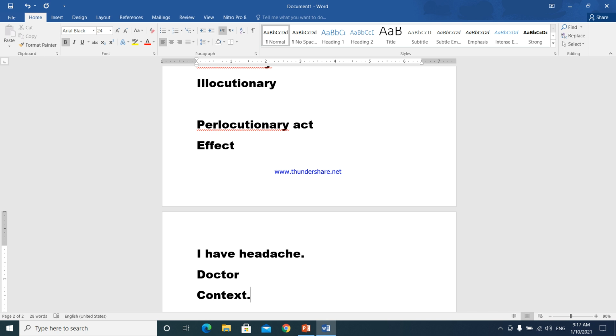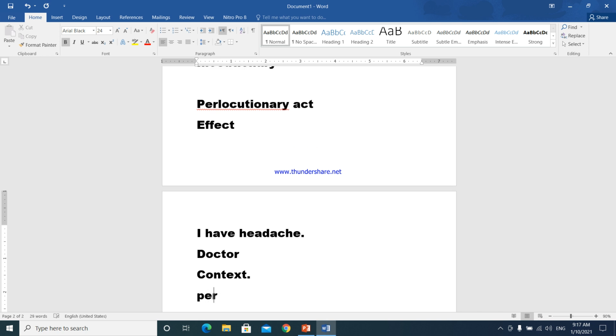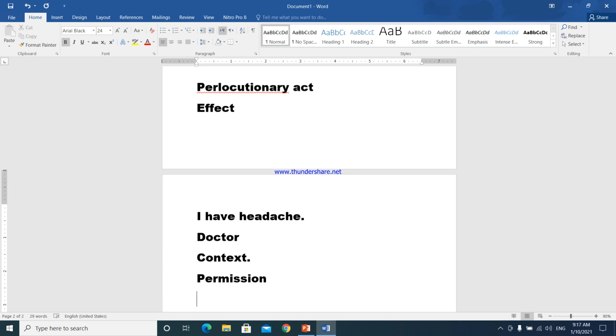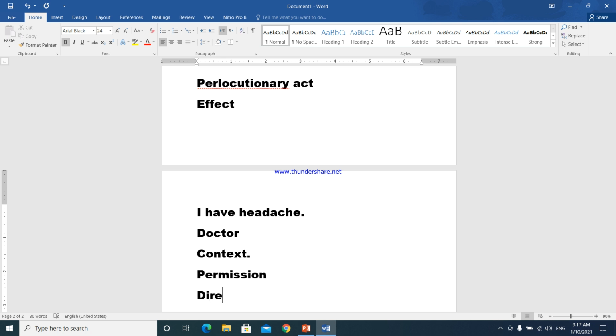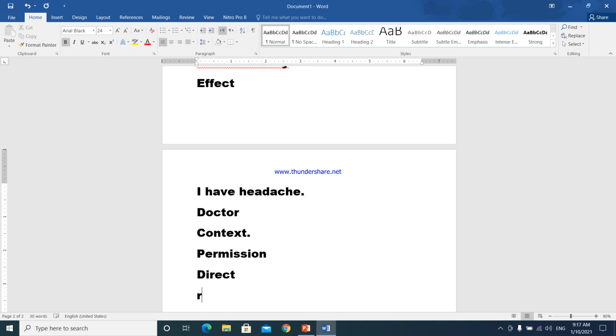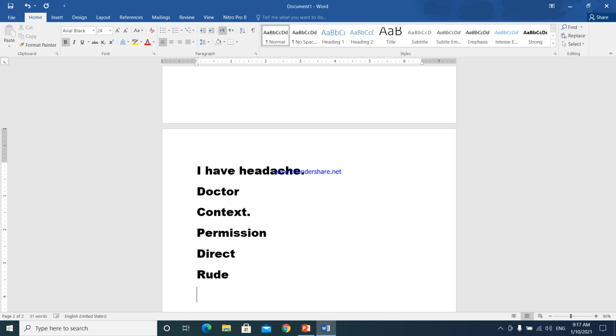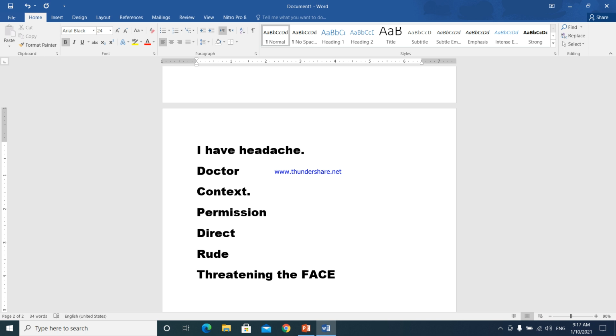The aim is to ask for permission not to attend the class. هذا الطالب يريد ياخذ إجازة. فinstead of saying I want a leave, إذا يقولها بطريقة very direct, the student is going to be considered as rude, or the student is threatening the face of his teacher.